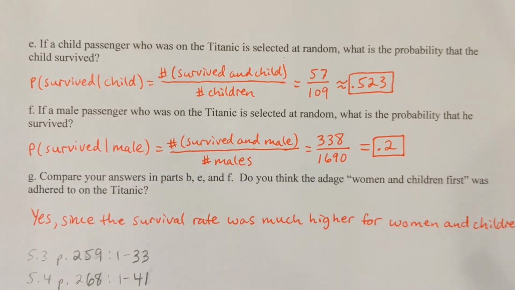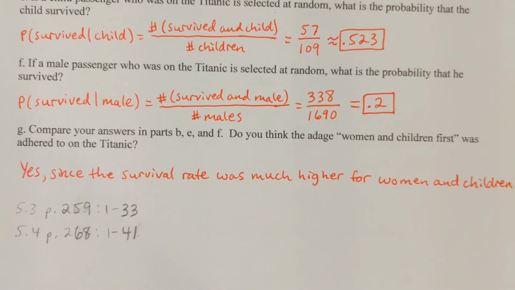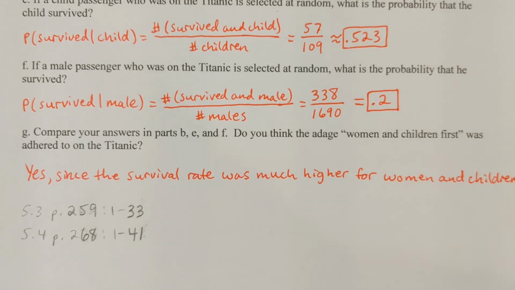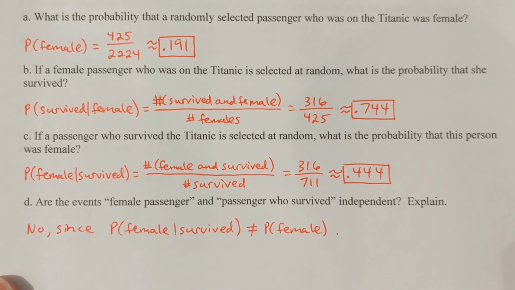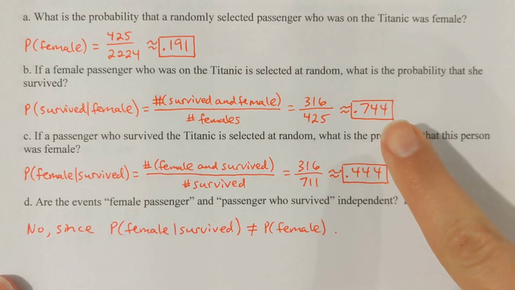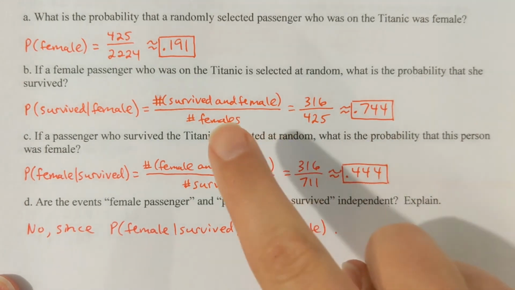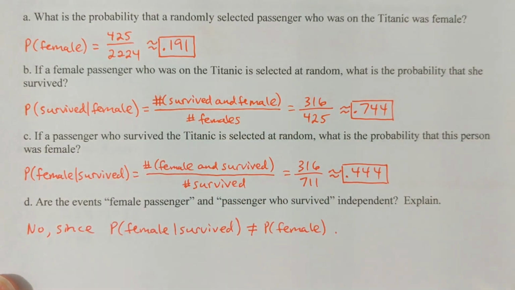Part G, compare your answers to parts B, E, and F. Do you think that the adage "women and children first" was adhered to on the Titanic? Yeah, what they want you to see here is that the survival rate was much higher for women and children. If you look at the conditional probabilities, there's a little bit less than a 75% chance that the person survived if we know that the person was a female.